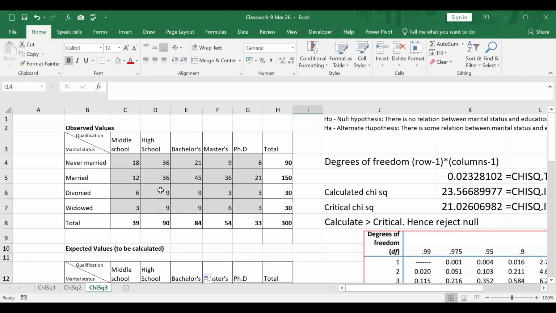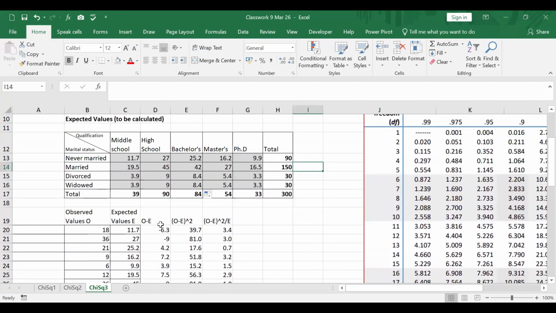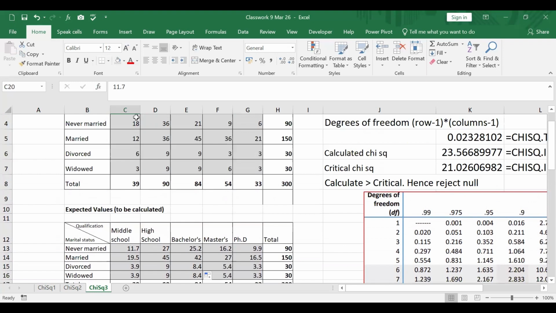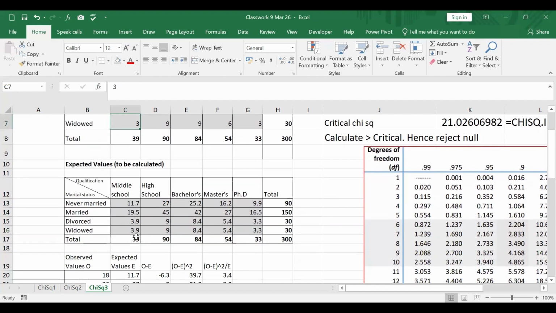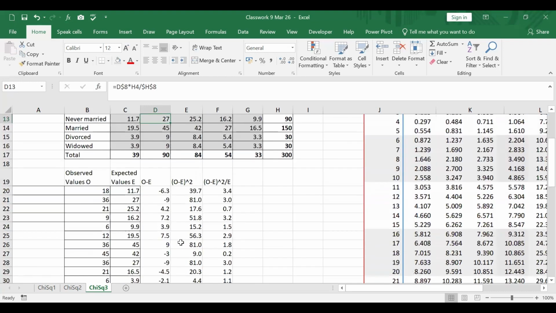So you get observed values and expected values. Now here you have to do: 18 expected 11.7, 18 11.7, 12 19.5, 6 3.9, 3 3.9. Then do the same thing for 36, 27, like this.